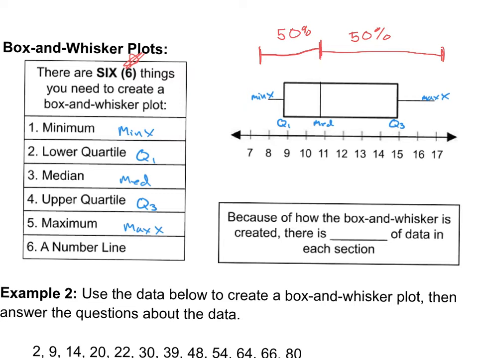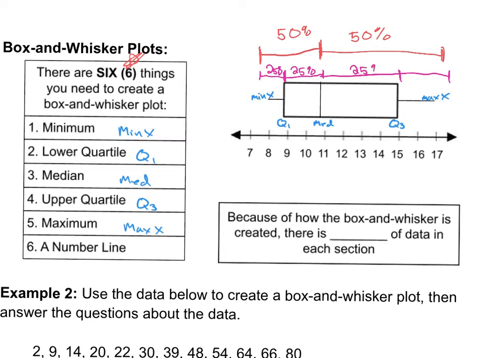Now, when we break this down even further, the definition of a lower quartile was the median of your lower half. So now we're taking this here, and we're going to find that median. That's going to be your Q1, which breaks our lower half down into 25% and 25%.